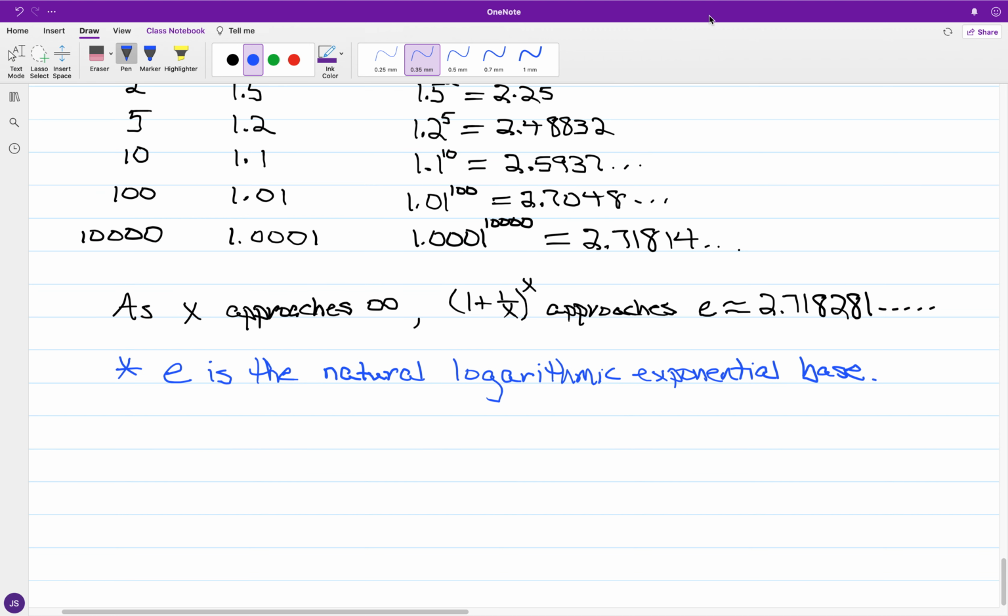And just some of the notations in your calculator. LOG refers to a base 10 logarithm.